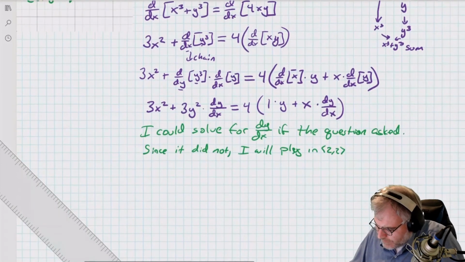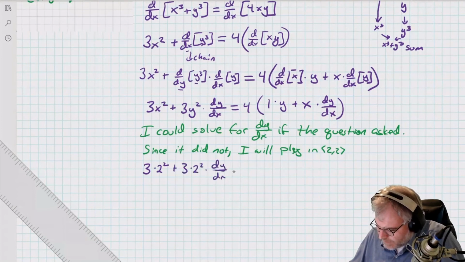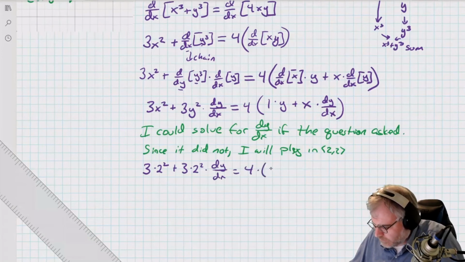So now I've got 3 times 2 squared plus 3 times 2 squared times dy over dx equals 4 times the quantity, well, 2 plus 2 times dy over dx.